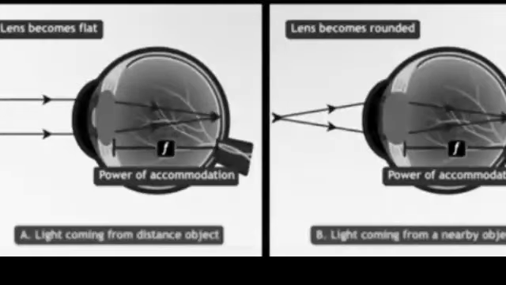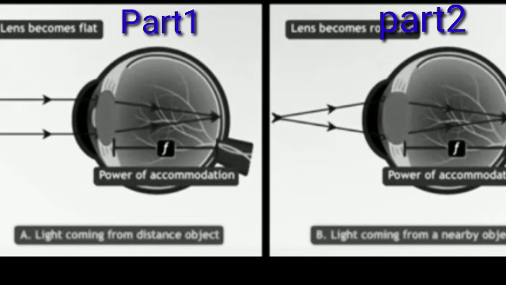While seeing an object at a large, infinite distance, the lens of the eye becomes flat and its focal length increases, as shown in part A of the diagram. While seeing a nearby object, the lens becomes more rounded and its focal length decreases, as shown in part B, second diagram.